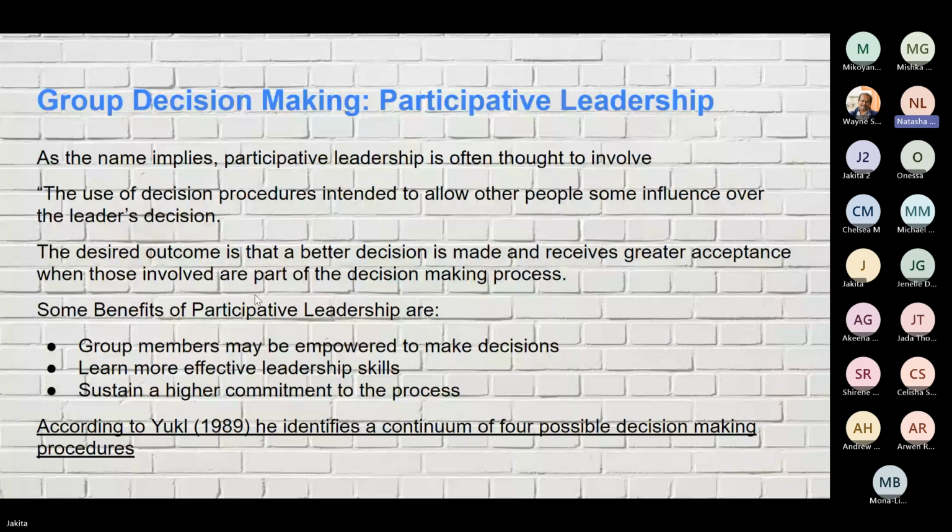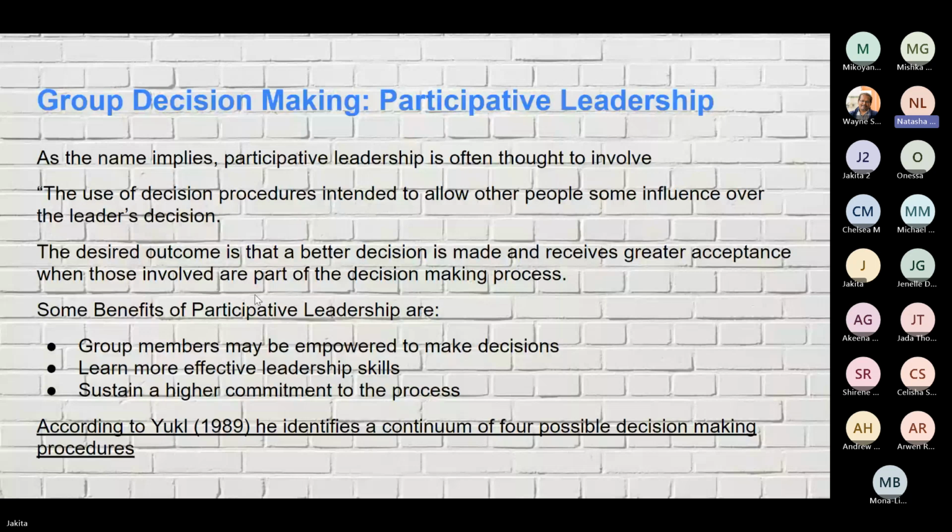Now we move on to group decision-making, participative or democratic leadership. As the name implies, participative leadership is often thought to involve the use of decision procedures intended to allow other people some influence over the leader's decision.